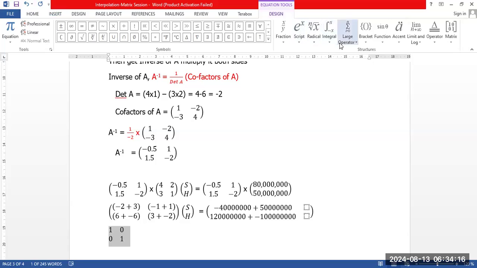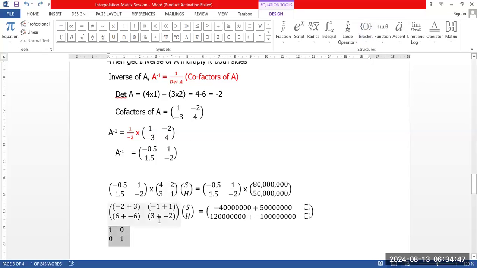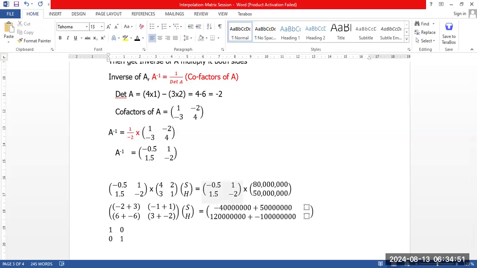The diagonal must be the same as your diagonal. Here we are multiplying it by this.